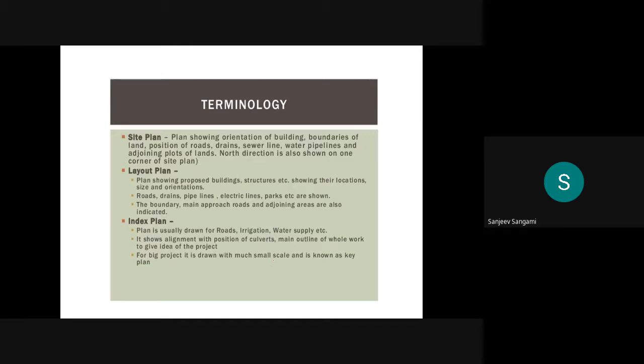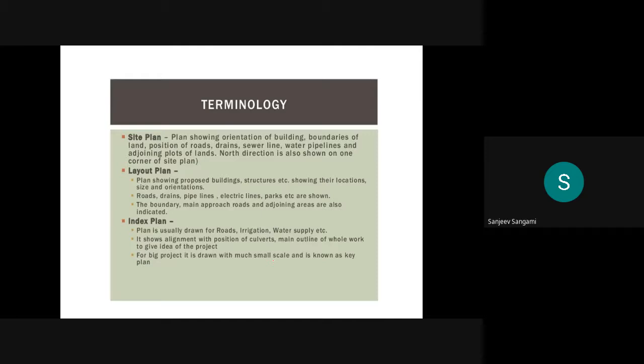Most of the time we use the common word plan, but we have to use it specifically, whether it is a site plan, a layout plan, or an index plan. So in a site plan, the north direction is always mentioned in the corner, and the boundaries and the position of the roads are also mentioned.